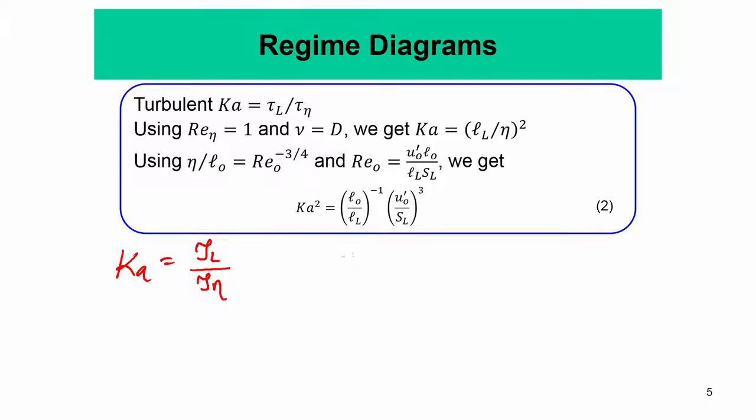Now, I can write tau L, which has a unit of second, in terms of the characteristic diffusivity, which has units of meter square per second, and the length scale, which has units of meters.